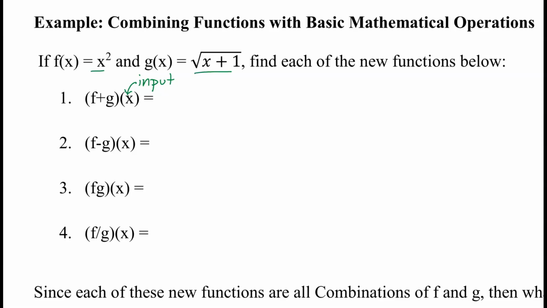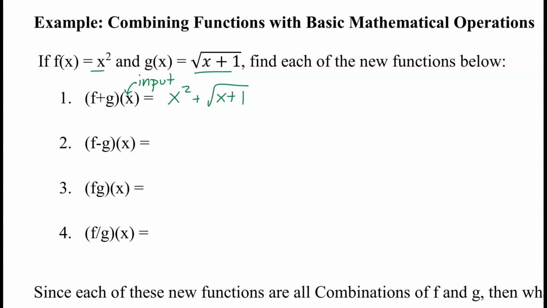I don't need to substitute in anything different. So what we do is we take all that f of x is equivalent to, x squared, and we add it to all that g of x is, square root of x plus 1. And then we simplify.